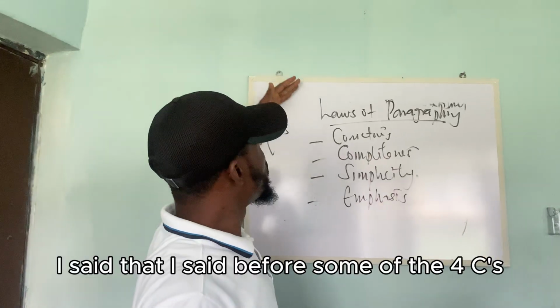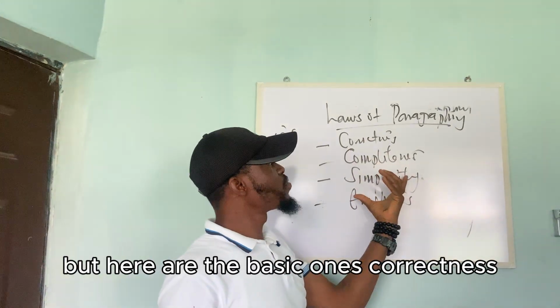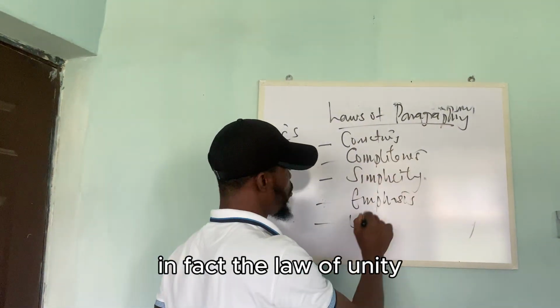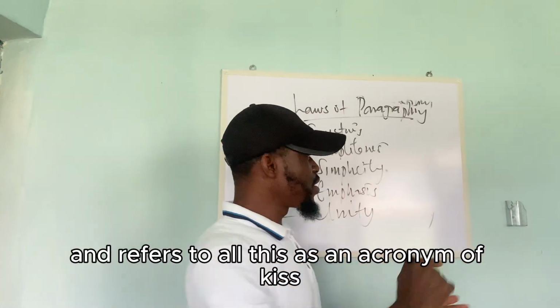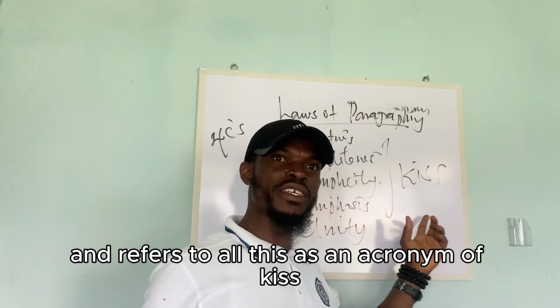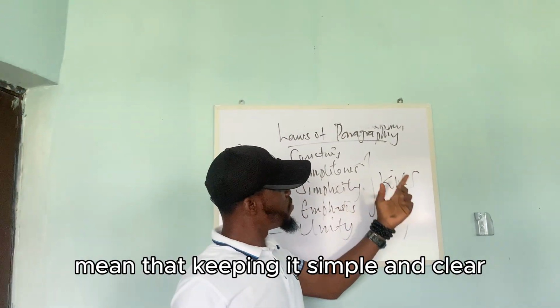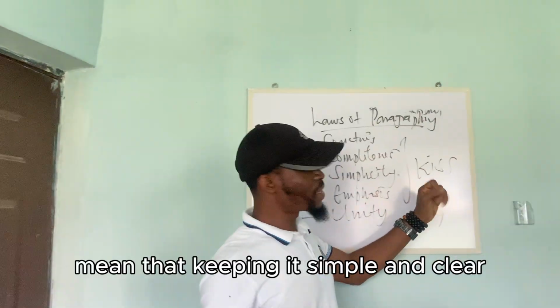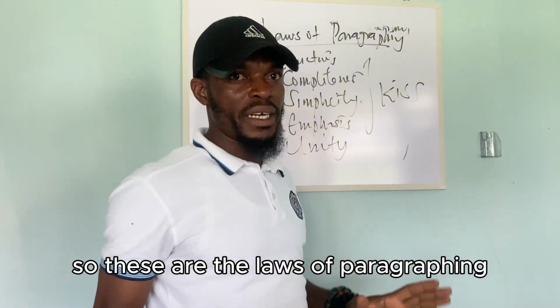I said before, some scholars mention four, some six. But here are the basic, correct ones. In fact, the law of unity. Some scholars refer to all this as the acronym KISS, meaning keep it simple and clear. So these are the laws of paragraphing.